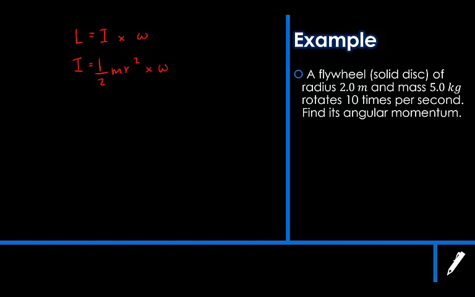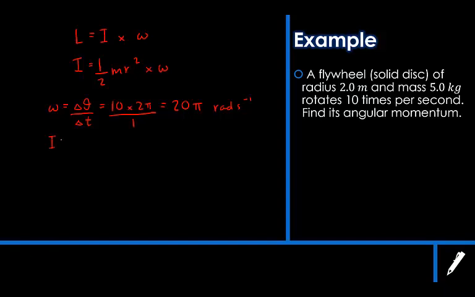So let's find omega. Omega is equal to the change in theta over the change in time. And the change in theta in this case is 10 times per second, so that's 10 times 2 pi over 1, which gives us 20 pi radians per second.